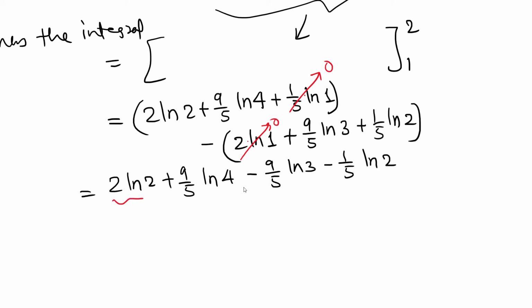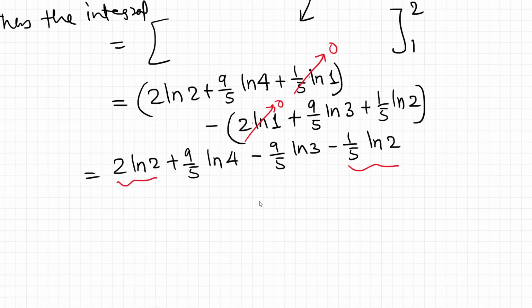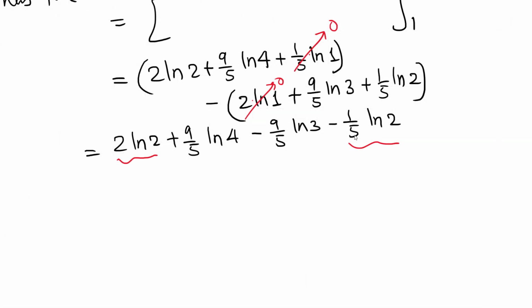We may leave it here, but we can combine these two natural logs. They have the same number: 2 copies of natural log of 2, and here 1/5 copy of natural log of 2. So 2 copies minus 1/5. What is 2 minus 1/5? 2 is 10/5, so 9/5.